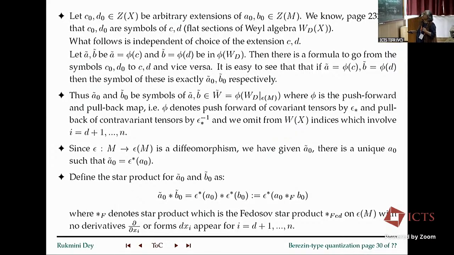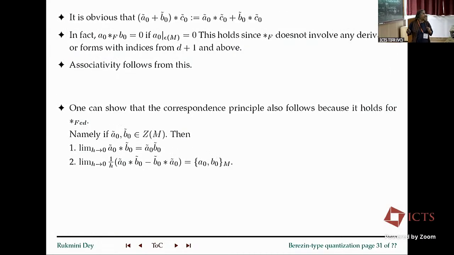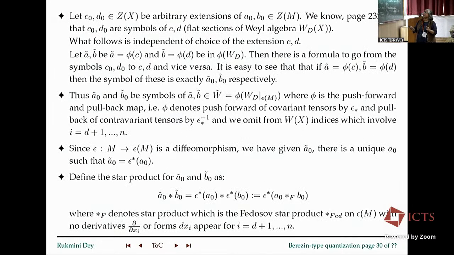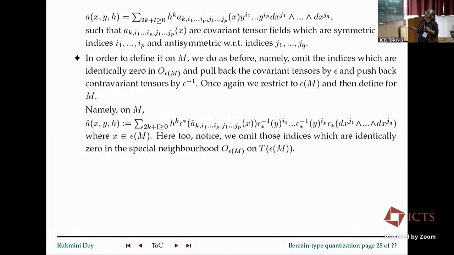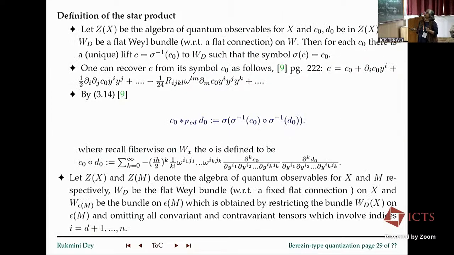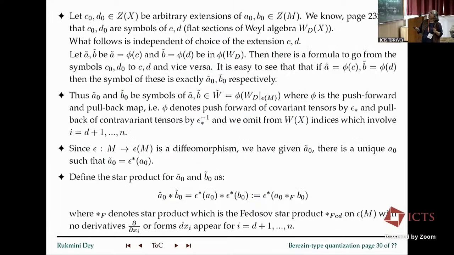And how are these two related? Well, where those forms do not occur. These ones do not occur. Yeah, phi was the map. Sorry, let me just say in words. Phi is the map.